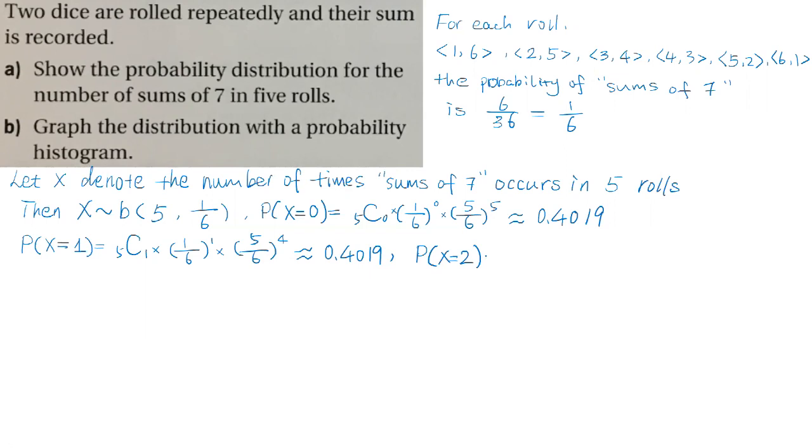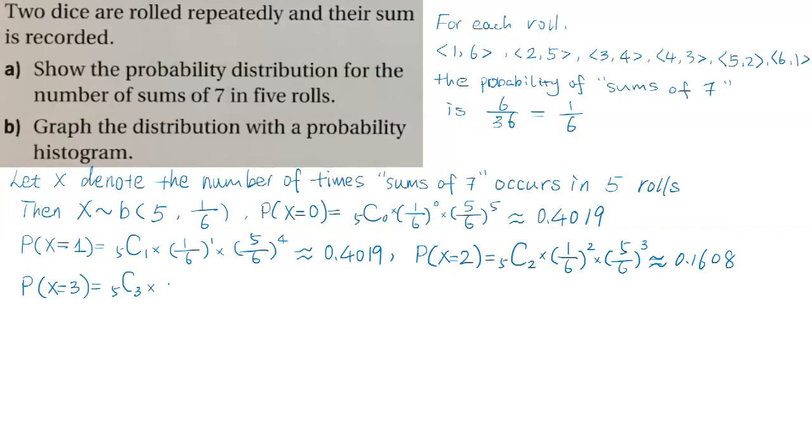Okay. Probability of x being 2 is C(5,2) times 1/6 twice times 5/6 3 times, which is 0.1608.